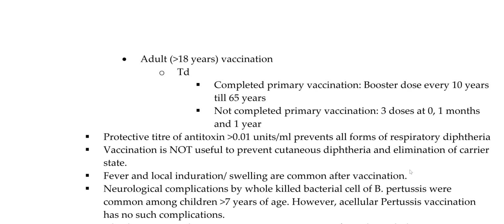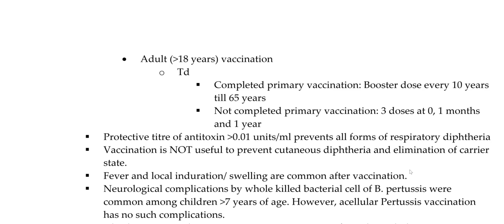Okay, if a person is presenting to you as an adult and has not taken any vaccination or has partially taken vaccination, for example, a person comes to you who took primary vaccination a long time before, and you see that now he requires reinforcing doses, then you can give booster doses after his last dose, that is 16 years.